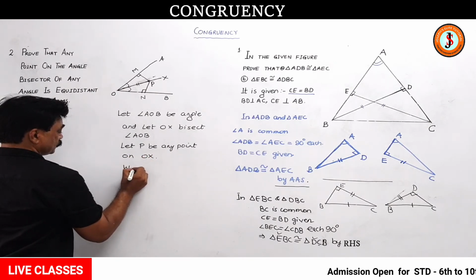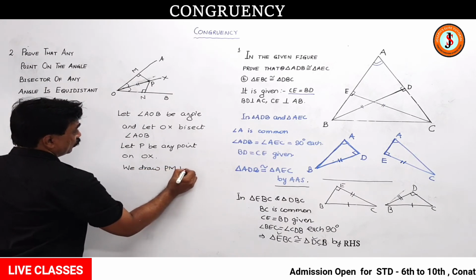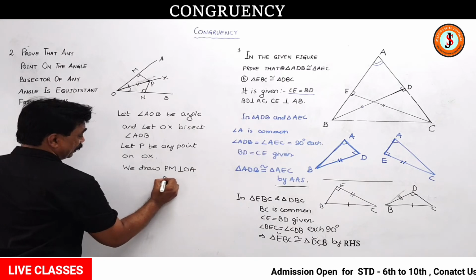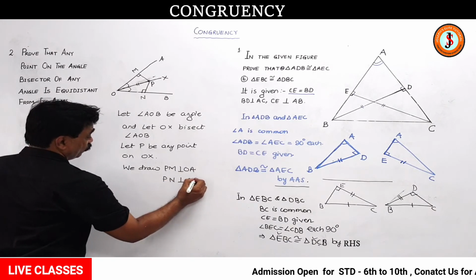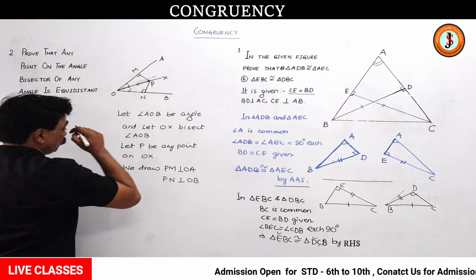We draw PM perpendicular on OA and PN perpendicular on OB. So we have to prove that PM is equal to PN.